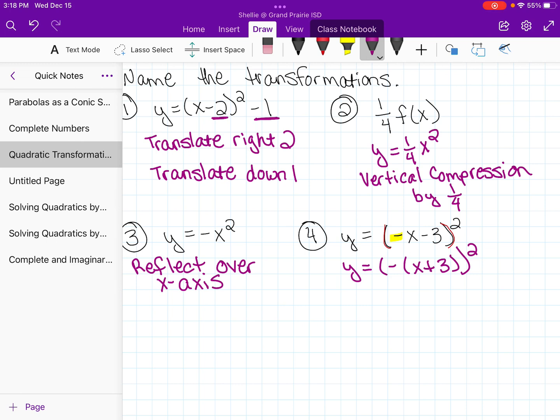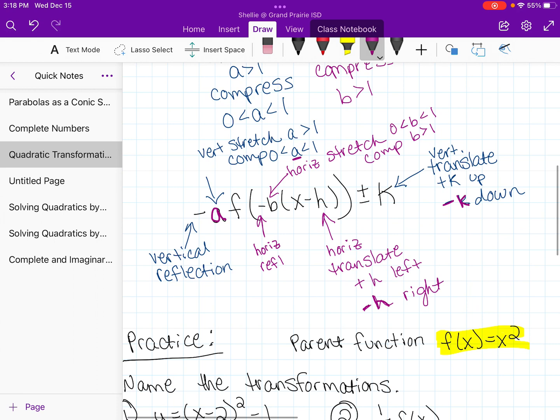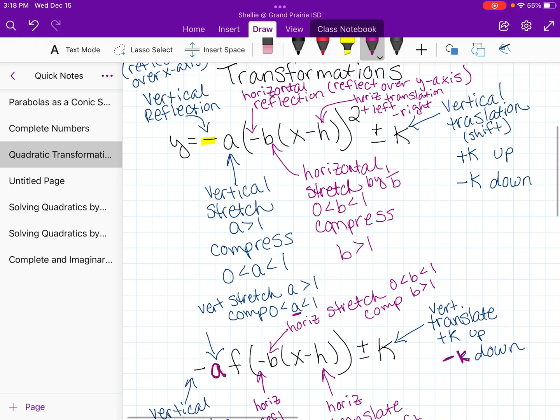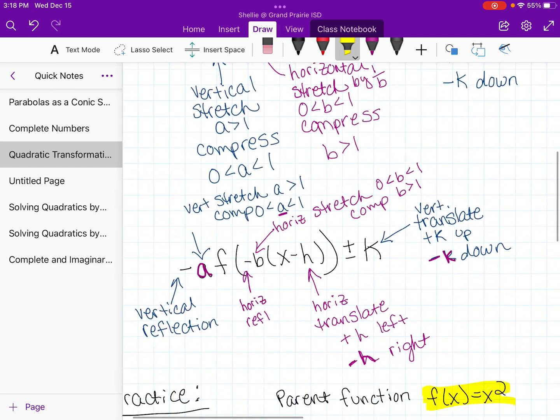The reason I did that is because the b value is that number factored out there. If you look at the equation here, the b is right in front of the parentheses, but still squared. That's what I'm trying to get it to look like.